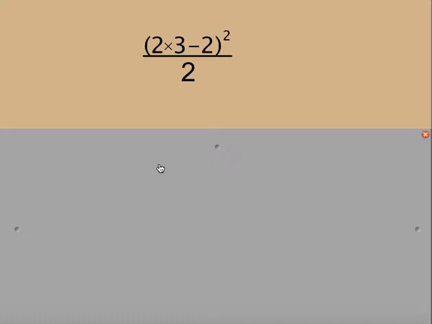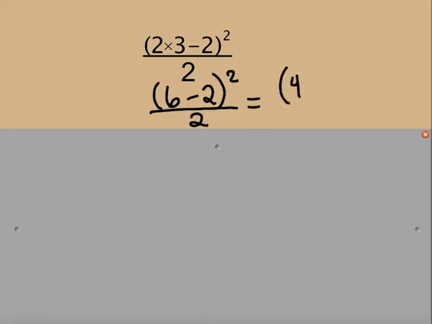Well, whenever we're inside of parentheses, we start over with PEMDAS, and multiplication would come first. So we would say that we have 2 times 3 is 6, minus 2, squared, and then we're going to divide that by 2. We continue in the parentheses to say 6 minus 2 is 4 squared divided by 2.